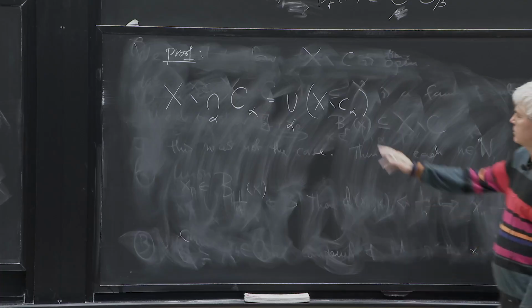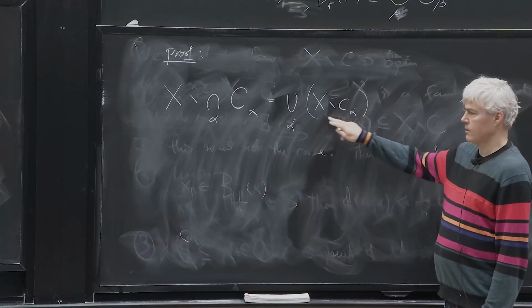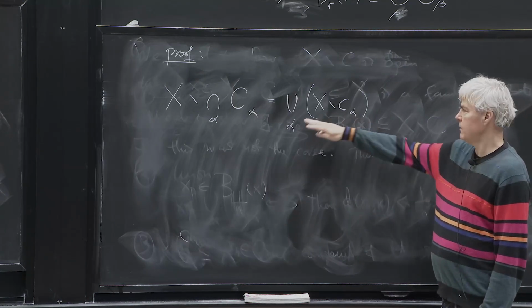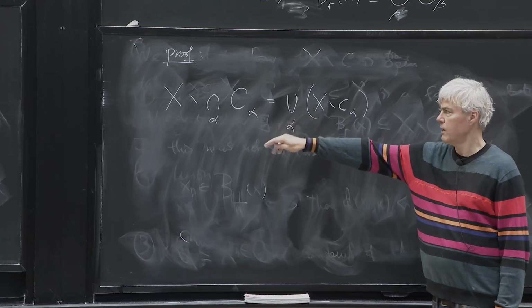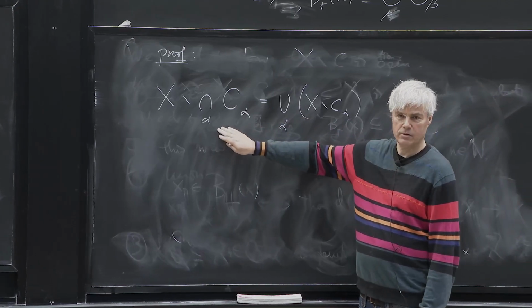And since each set is closed, the complement is open, and you can take any union of open sets and it's still open. So that's why you could take any intersection, right?